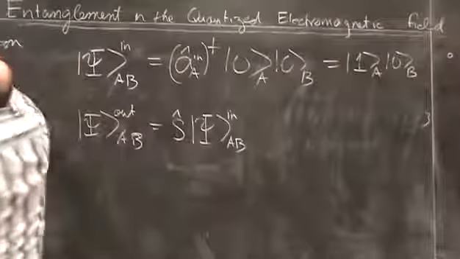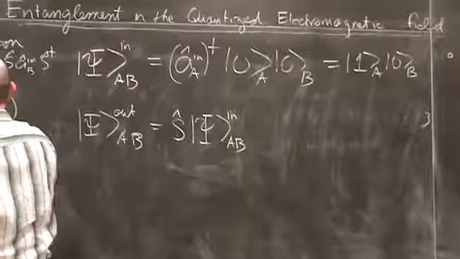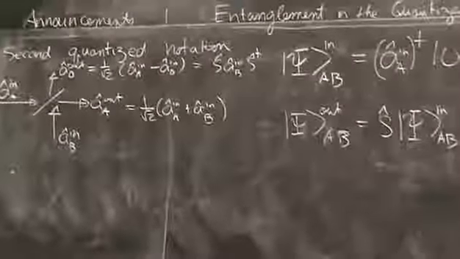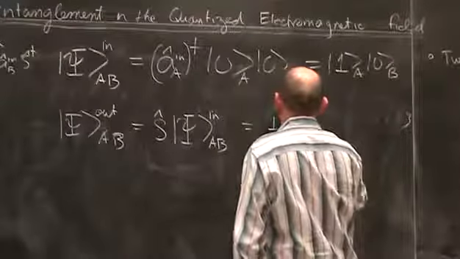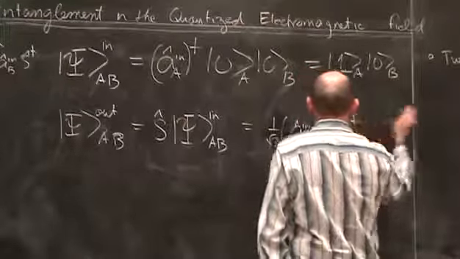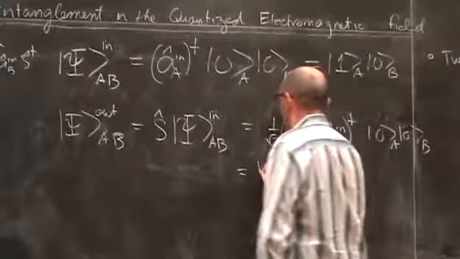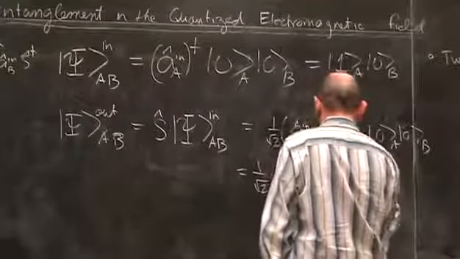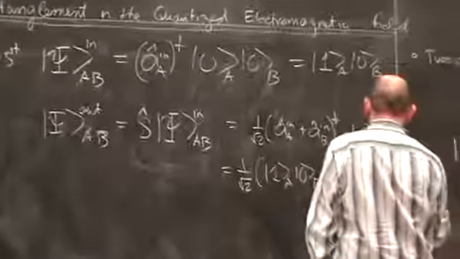This is really shorthand for S a S dagger, and similarly for B. So I do that transformation, and I get 1 over root 2 times (a_in dagger plus b_in dagger) acting on the vacuum, which is 1 over root 2 times (1A 0B plus 0A 1B).